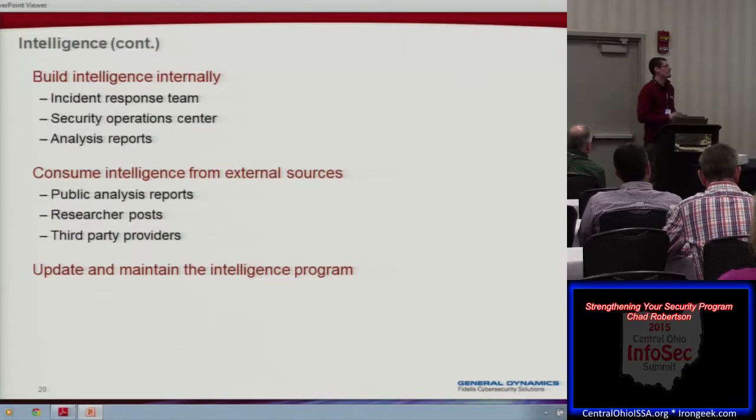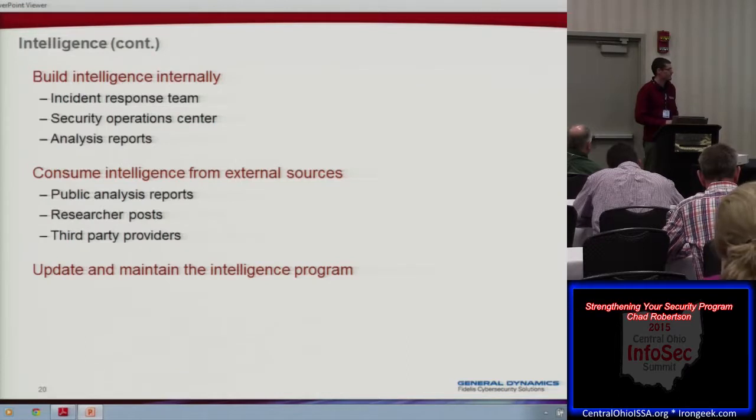So build intelligence internally, consume intelligence from external sources, and update and maintain the intelligence program. Consume intelligence from external sources, we talked about that a little bit. The researcher posts, third-party providers, and public analysis reports are all places that this can come from, and that we can use to bolster defenses.